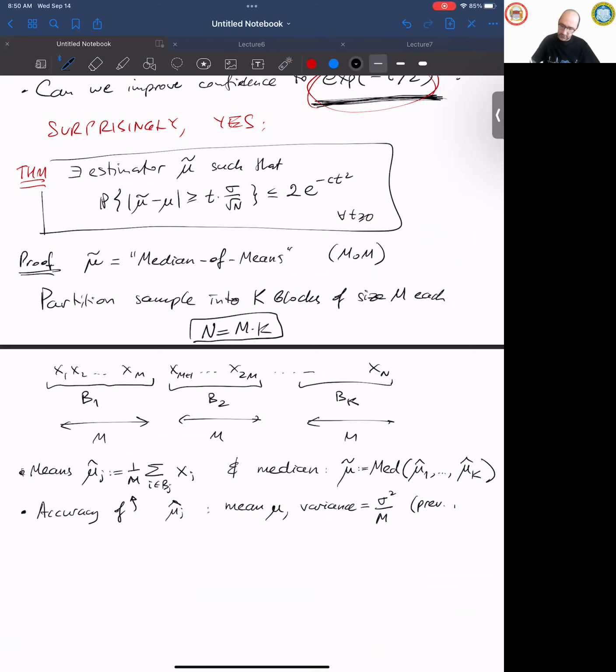And this is the previous page. Okay, so we use Chebyshev's inequality, let's just do one-sided. Mu plus t sigma over root n, that's our target accuracy. And we apply Chebyshev's inequality, so the variance here divided by the right-hand side squared.